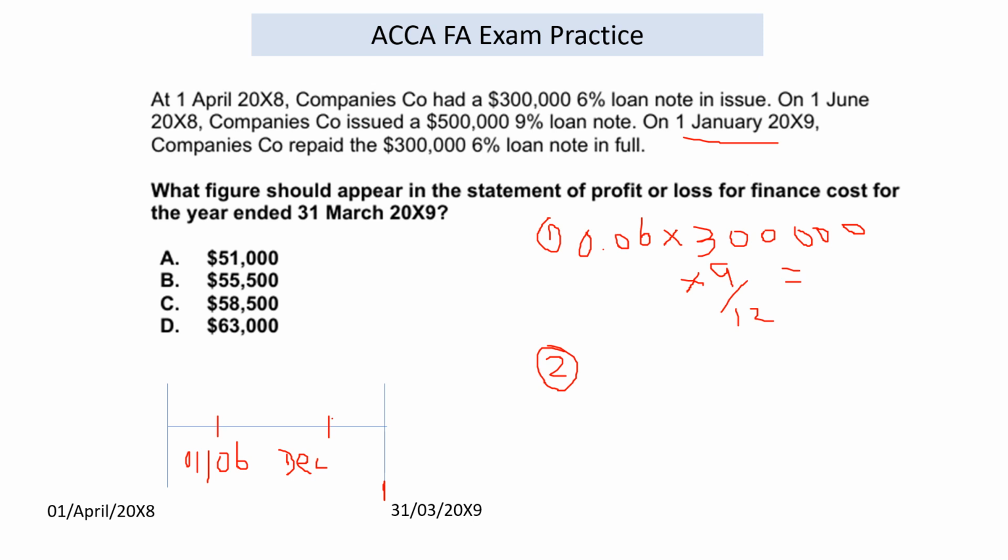So what is the percentage for loan note number 2? So that's 0.09, but remember this is always per annum, so multiply by 500,000.